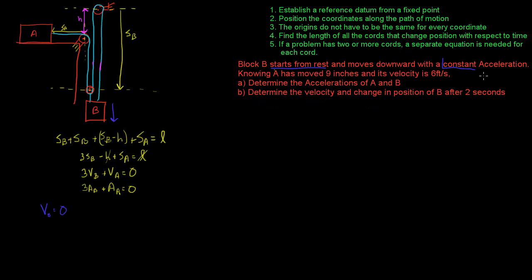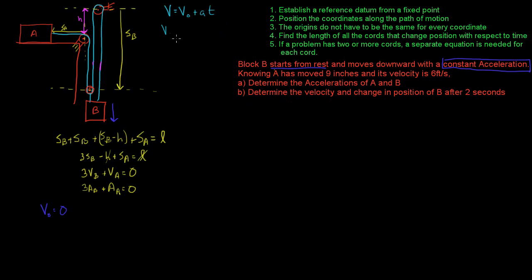This is an important piece of information because constant acceleration means we can use our kinematic equations. And what are these equations? These equations are right here. The final velocity is equal to an initial velocity plus an acceleration times time.